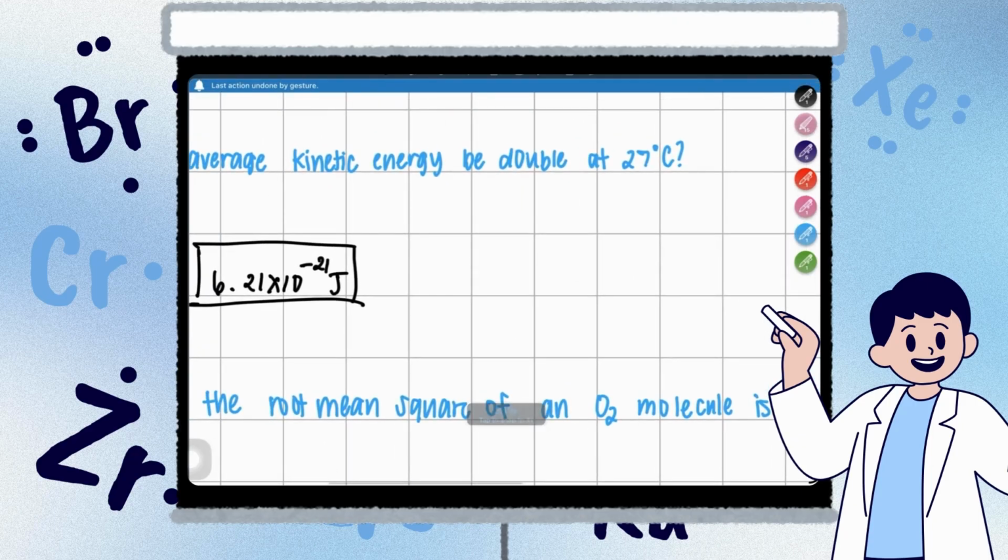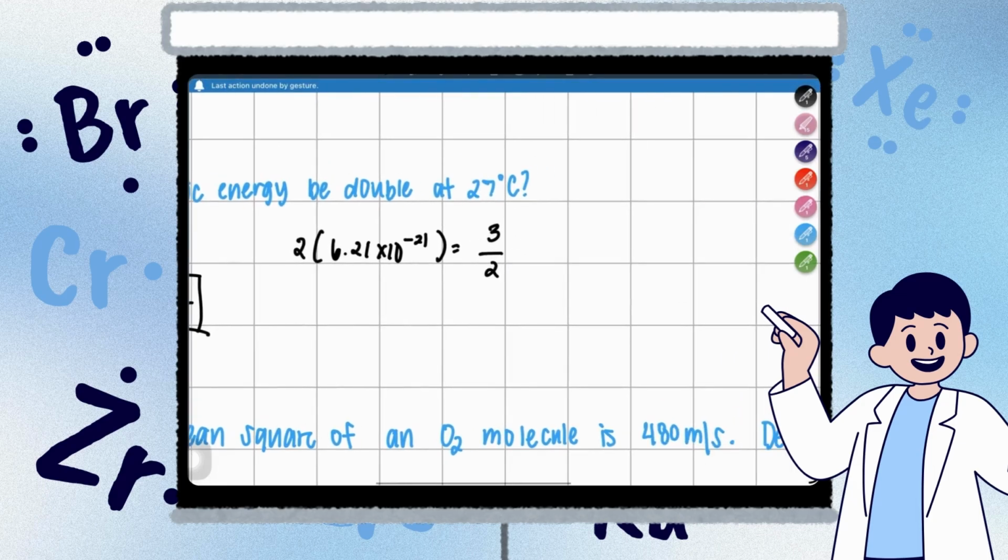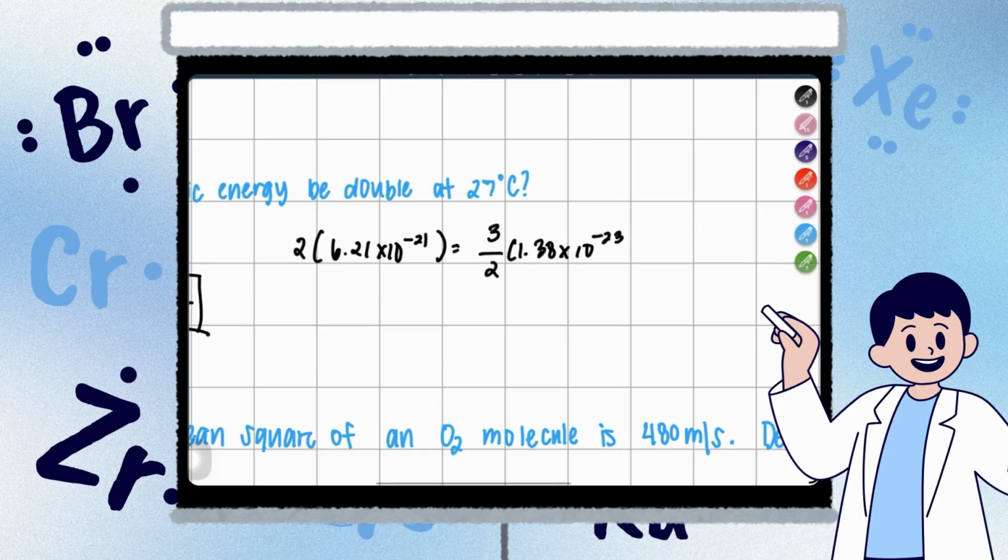So we can derive the formula: 2 times 6.21 times 10 to the negative 21 equals 3 over 2 times 1.38 times 10 to the negative 23 times temperature.